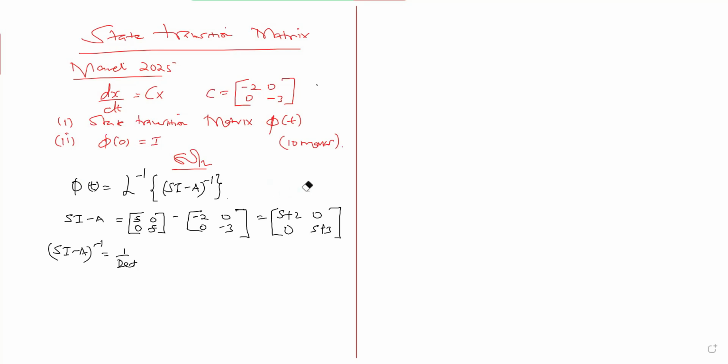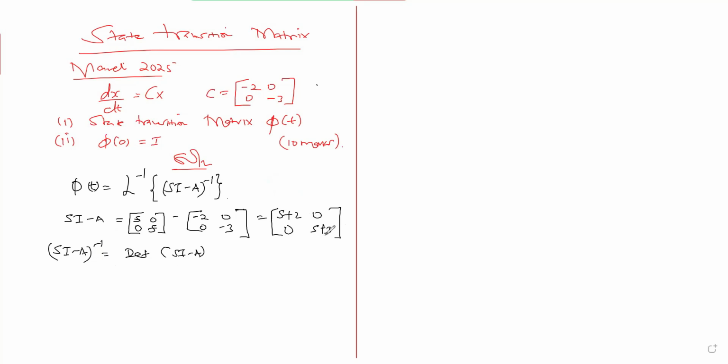So in our case, that means we're supposed to do kitu ya kwanza tafute one over determinant. So tafute determinant of sI minus A. So near hii matrix. So the det of sI minus A. Natupatia nini?